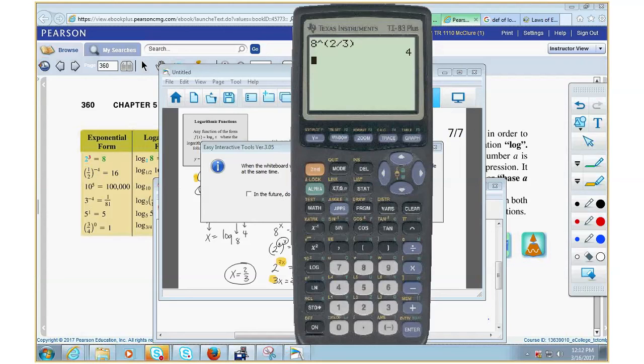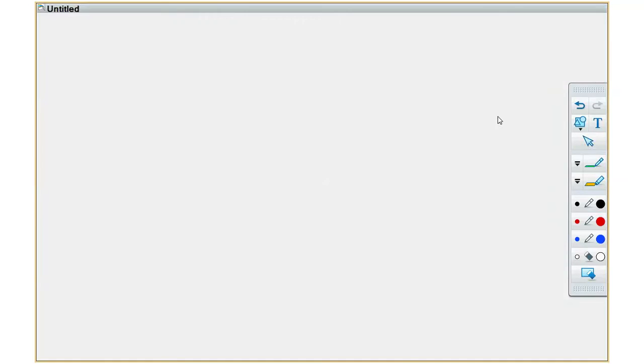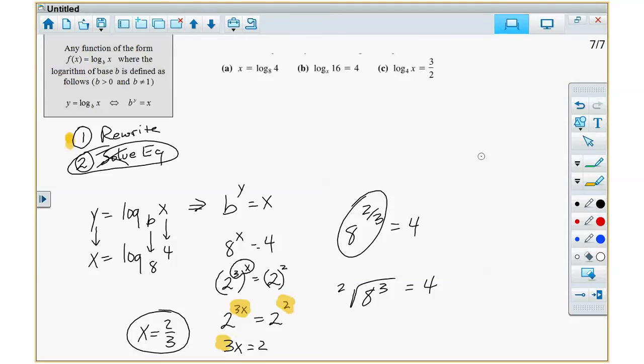It's a miracle. We did that in our head. We didn't even need a calculator. Definition of a logarithm. All right, you try the second one. You try B.